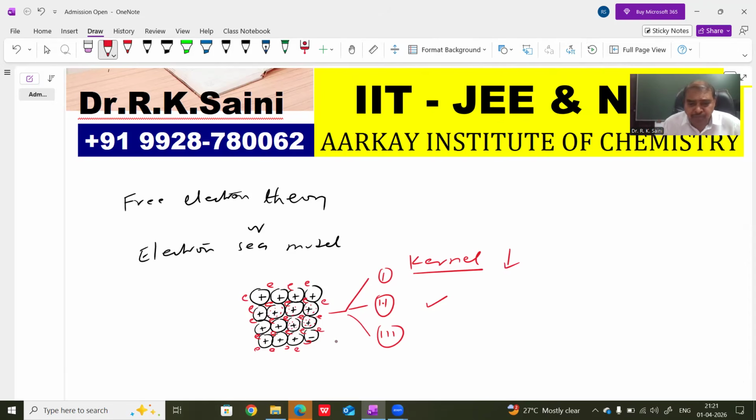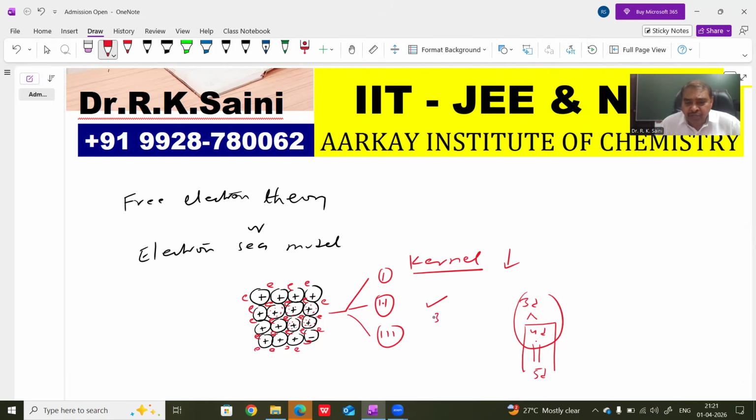This model is most important to explain metallic bond strength down the group, because between 3d and 4d series the size is sufficiently greater for 4d elements, but the sizes of 4d and 5d elements are almost equal due to lanthanoid contraction. Therefore, the metallic bond strength mainly depends upon the diffuse nature of d orbitals.